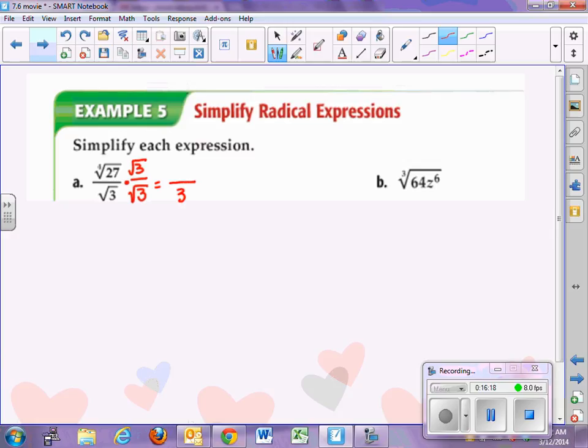So now we don't have a radical on the bottom, but we do have some radicals on the top, and I wonder how we're going to handle that. Well, let's first see if we can break up 27. No, it's 3 times 3 times 3. This is interesting right here.